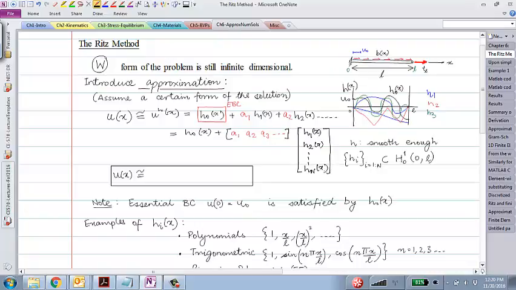A horizontal vector times a vertical vector gives me back that sum, a linear combination of all of these functions.